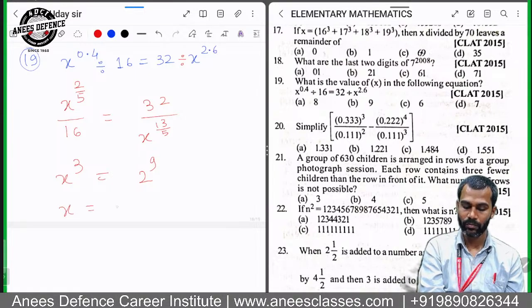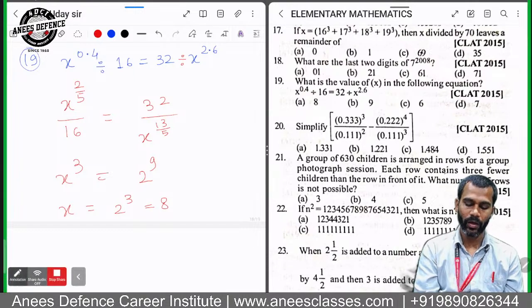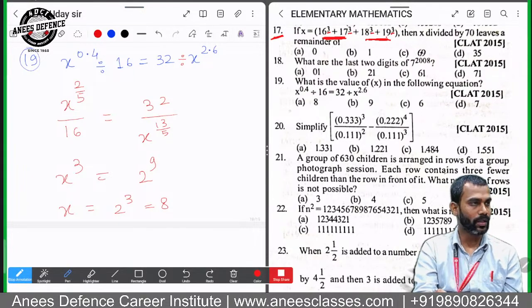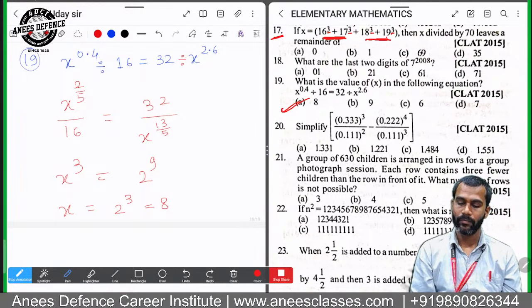So x is equal to 2 cube, which is 8. We could have gone by the options as well. The answer is 8.